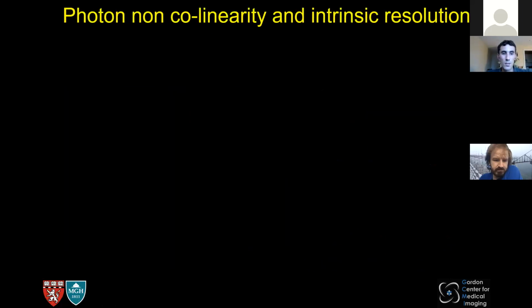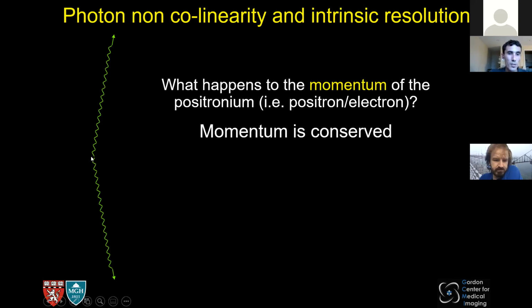So there's another effect also that is going to decrease the spatial resolution in PET, and that's the fact that, as I'm trying to show on this slide, the positron and electron are actually not going to be completely at rest when they annihilate. And that is going to mean that you're going to have some leftover energy and momentum here that is going to be transferred somehow to the photons that are emitted.